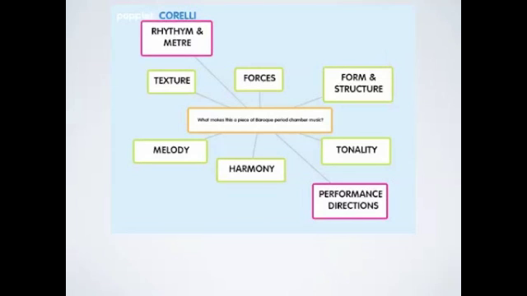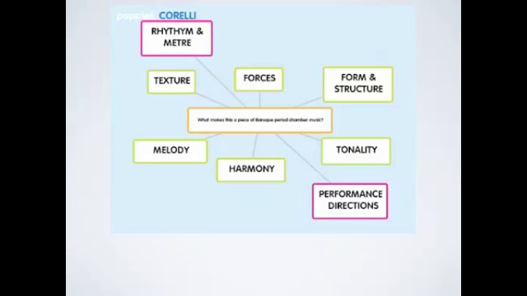Now, you'll notice that context or performance circumstances is missing, because this isn't necessarily something they ask for, although you should know it. It's more important to describe the stylistic features with these musical elements. Context doesn't really describe a stylistic feature. Context is the history, and so on and so forth.